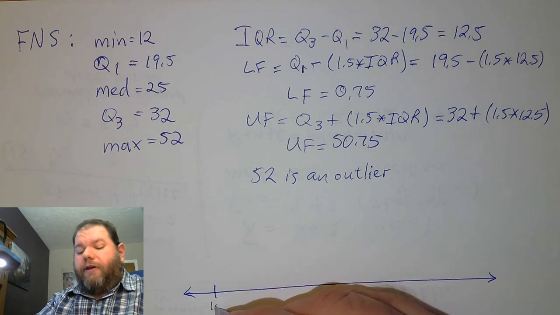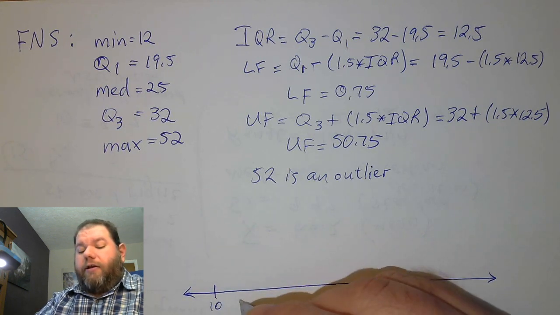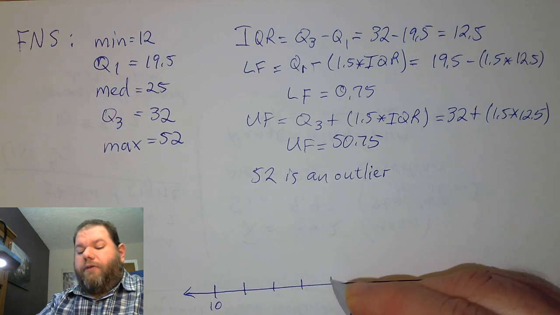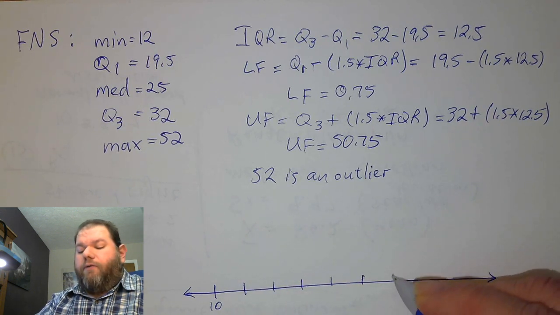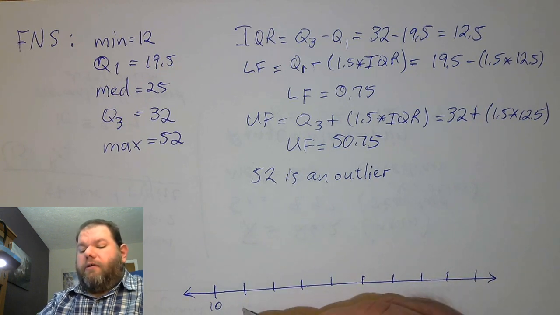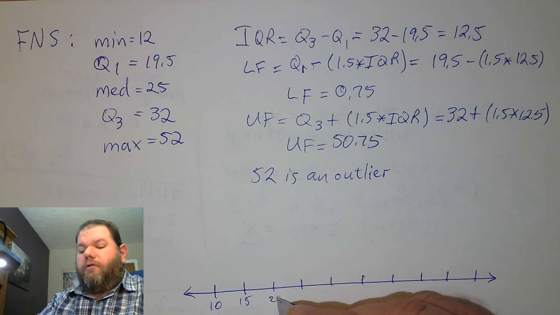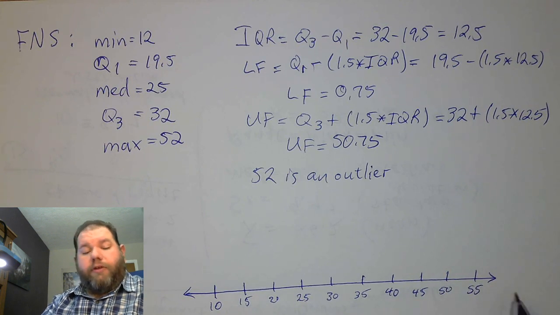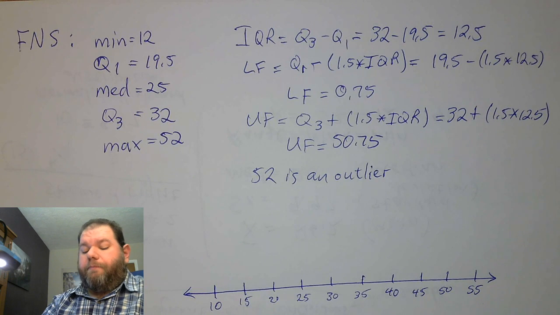Now I'm going to start at 10, and I need to count by 5s, so 15, 20, 25, 30, 35, 40, 45, 50, and 55. That way all of our data values are between these numbers, so we should be okay there.